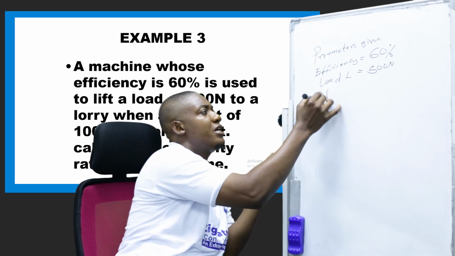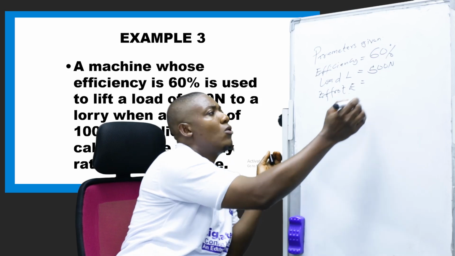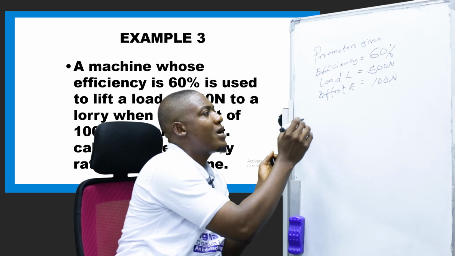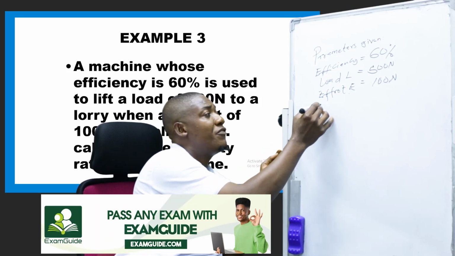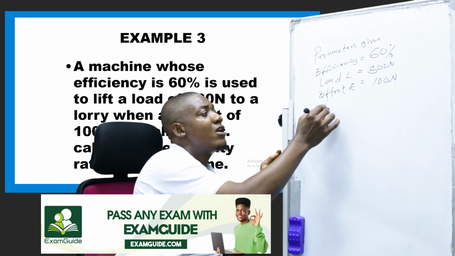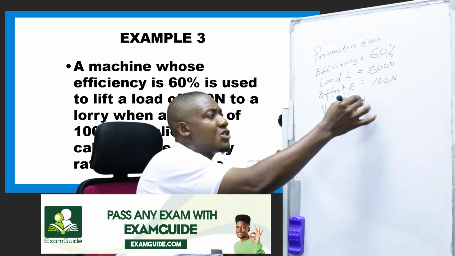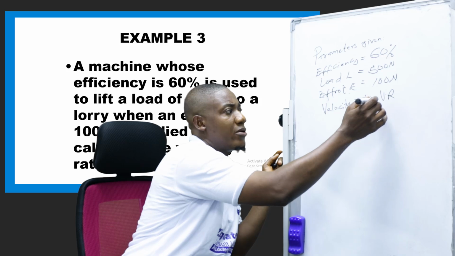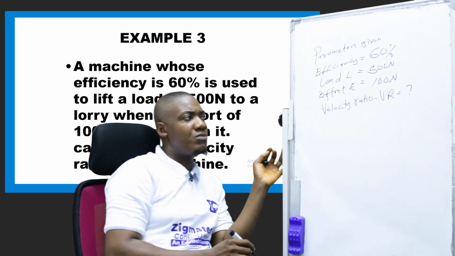The effort, E, applied is equal to 100 newtons. We are asked to calculate the velocity ratio of the machine. Therefore, velocity ratio, VR, of the machine, please we'll abbreviate this subsequently, VR is what we are looking for.